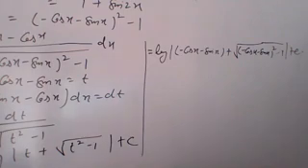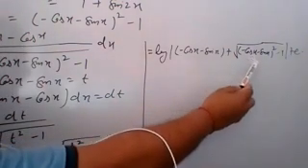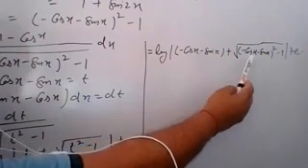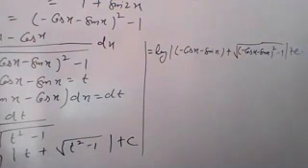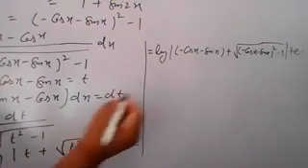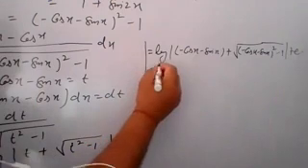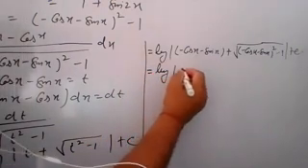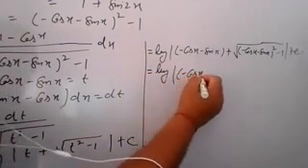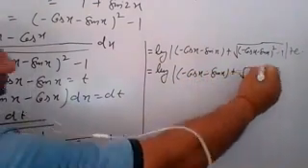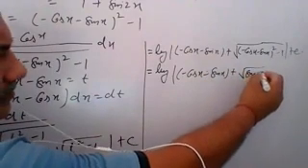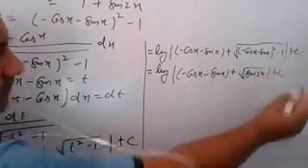And here this value is the same as sin 2x. So in place of that, you can write sin 2x also. Clear? So if you want, you can write log of minus cos x minus sin x plus root sin 2x, plus c.